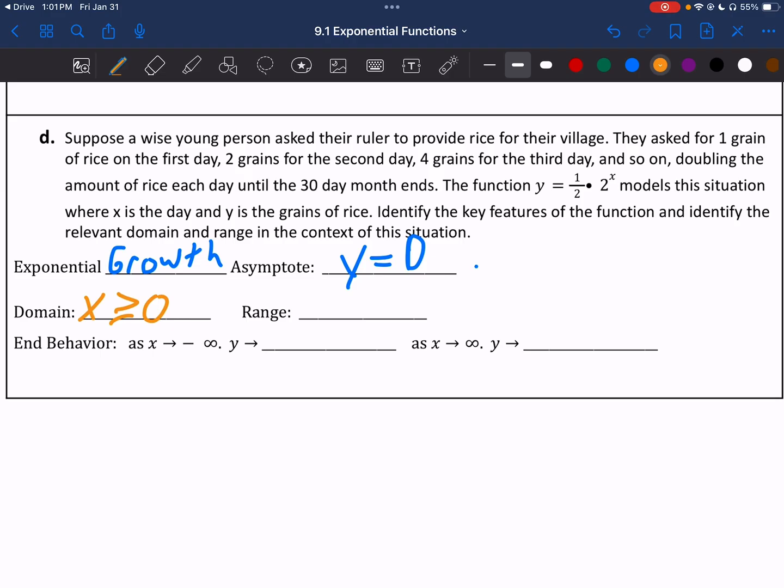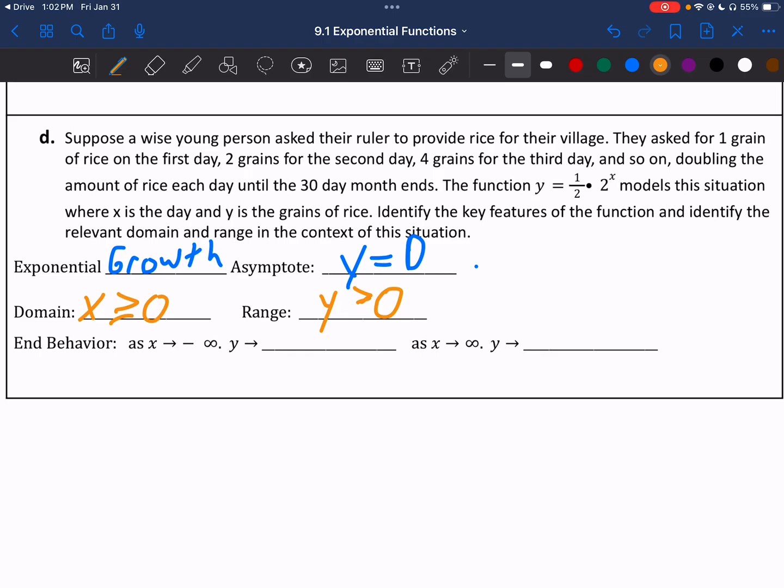Well, on the first day, so day 0, anything to the 0 power is 1. So it's weird, but okay. We're going to be greater than 0 because we can't actually get 0 grains of rice, because on day number 1, we're starting with 1 grain of rice. All right, so y is going to be greater than 0.